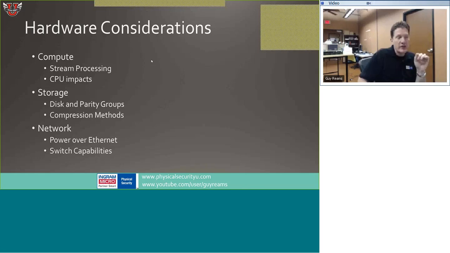So whether you're doing a closed system or an open system, the question's still the same. You need to make sure you have enough compute power on that system to handle a few aspects.